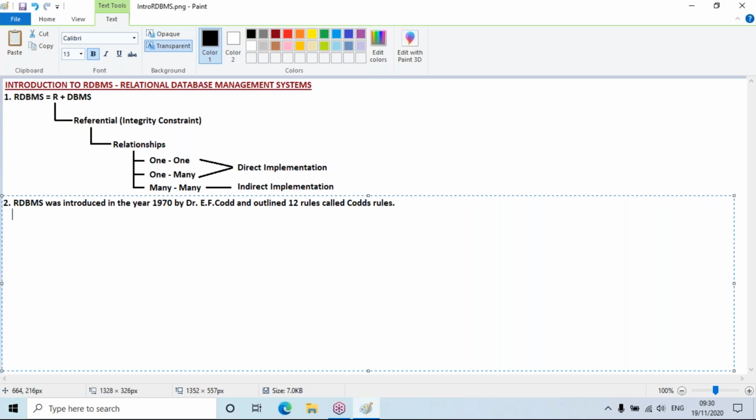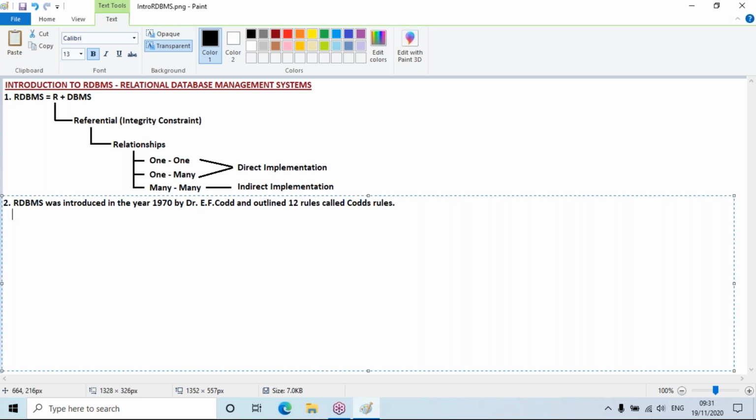Earlier, when RDBMS was introduced, there were 12 rules, but very recently one more rule has also been added, that you can call the 13th rule. Later, when we study this topic in my coming classes, at that time we will discuss what those rules are. So RDBMS was introduced in the year 1970 by Dr. E.F. Codd.